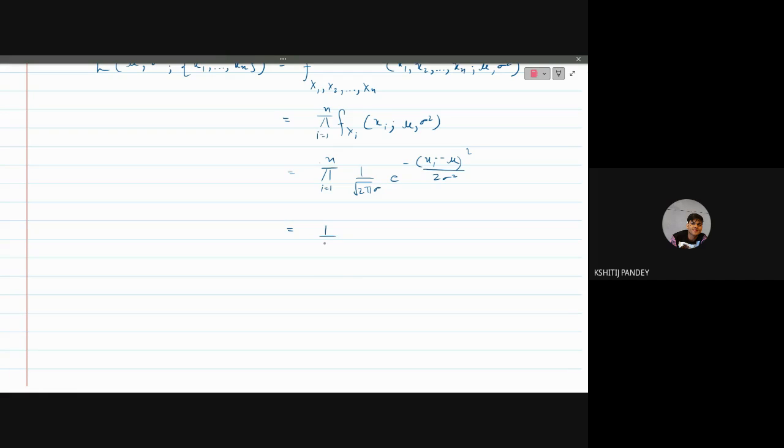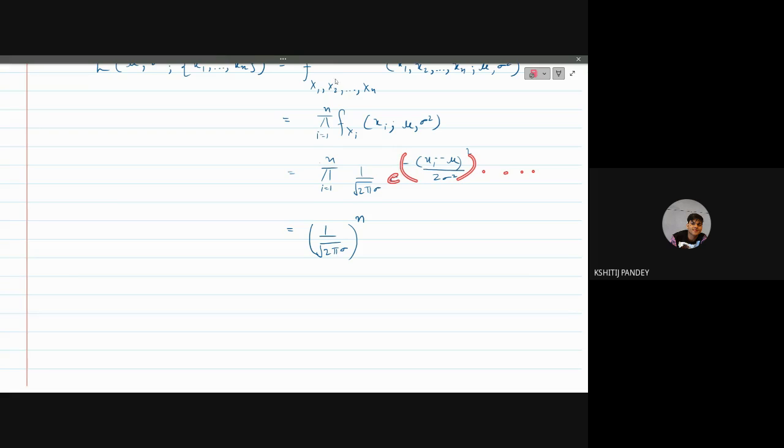This will be equal to 1 by root 2 pi sigma, this whole thing raised to the power n, and the e raised to the power, this entire thing is getting multiplied n times.